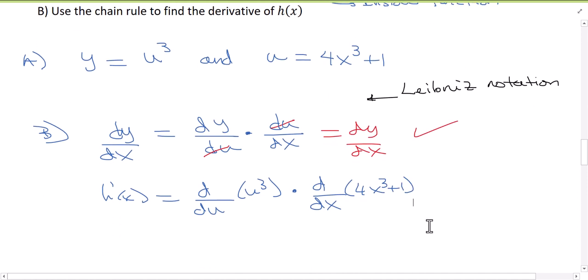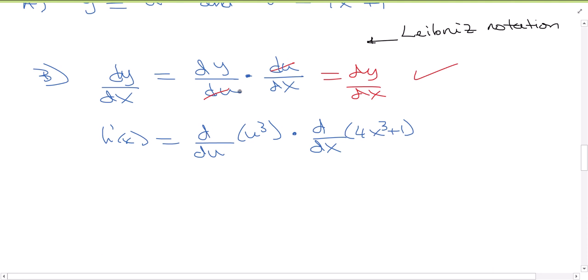So notice that when I'm taking the derivative with respect to, so dy/du, my variable inside matches the variable that I'm taking with respect to. d/du tells me the function should be with respect to u. d/dx tells me my function should be with respect to x there. So now h prime of x will be the derivative of u cubed, which is 3u squared, times the derivative now with respect to x of 4x cubed plus 1. So that's 12x squared. And now we want to put it all in terms of x.